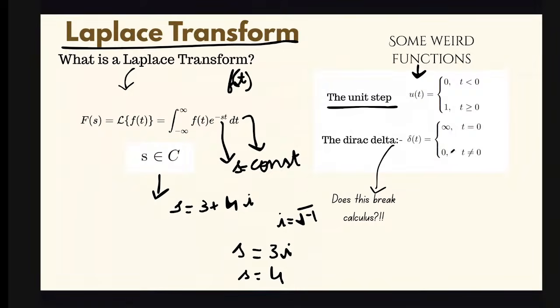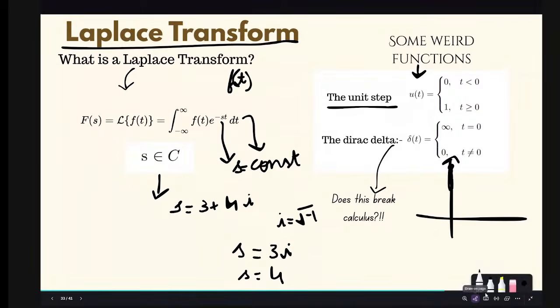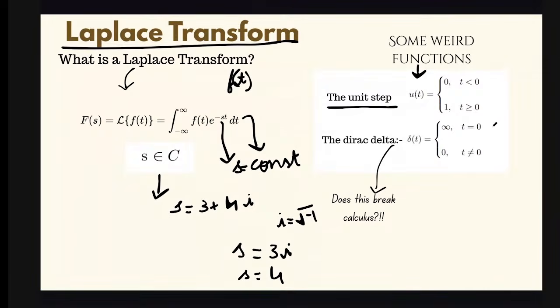And at t not equal to 0, the function is 0. So I can just draw it as a graph with some point way beyond whatever we can see being the value of the Dirac delta, and everywhere else it's 0. Some of you might ask, why is this even a thing? Why do we even need something like a Dirac delta? At t equal to 0 it's infinity, and at t not equal to 0, it's 0.